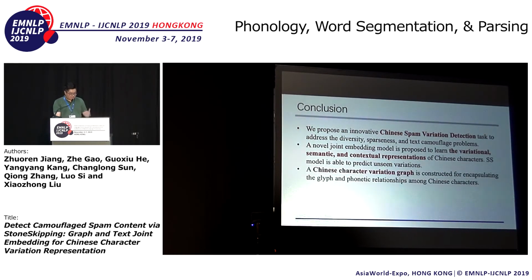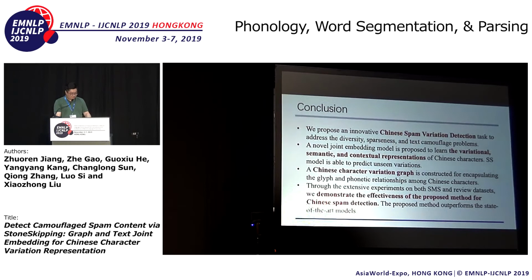A Chinese character variation graph is constructed for encapsulating the glyph and phonetic relations among Chinese characters. We ran extensive experiments on both datasets to demonstrate the effectiveness of the proposed method for Chinese spam detection.